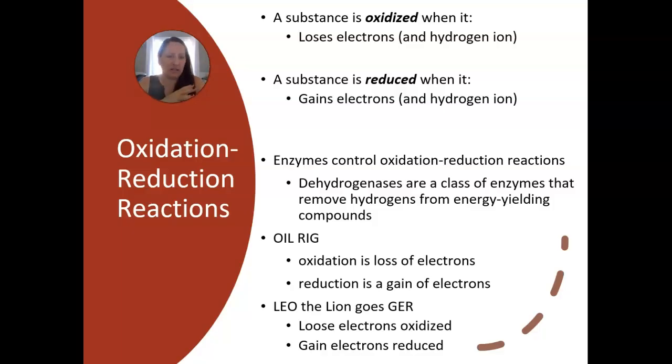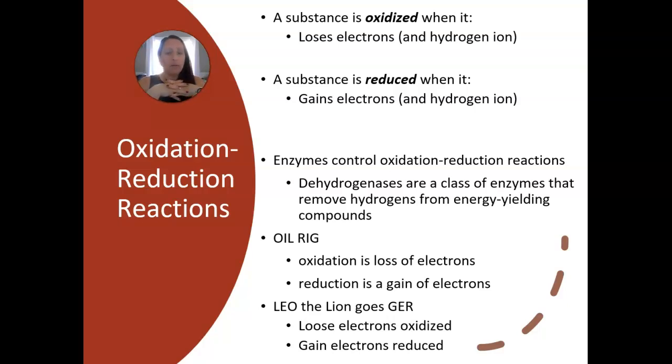Dehydrogenases, we've heard this a few chapters ago, at least when we talked about alcohol dehydrogenase. So dehydrogenases are a class of enzymes that are responsible for removing hydrogens from energy-yielding compounds, with their electrons.